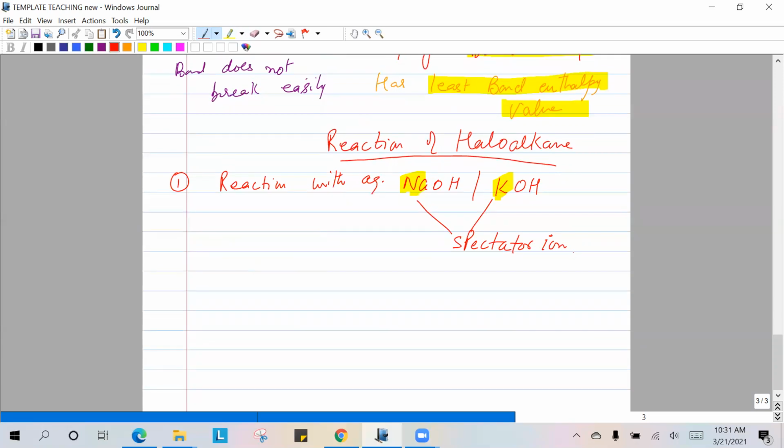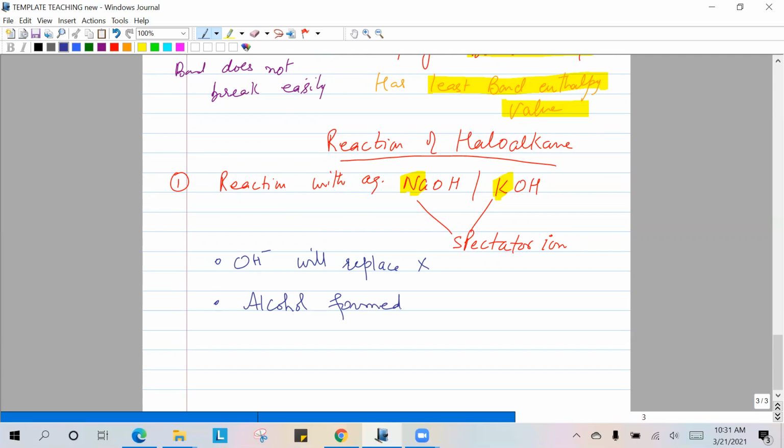The main thing is the OH minus. It is the OH minus that will replace the halogen, that is the X, and alcohol will be formed.